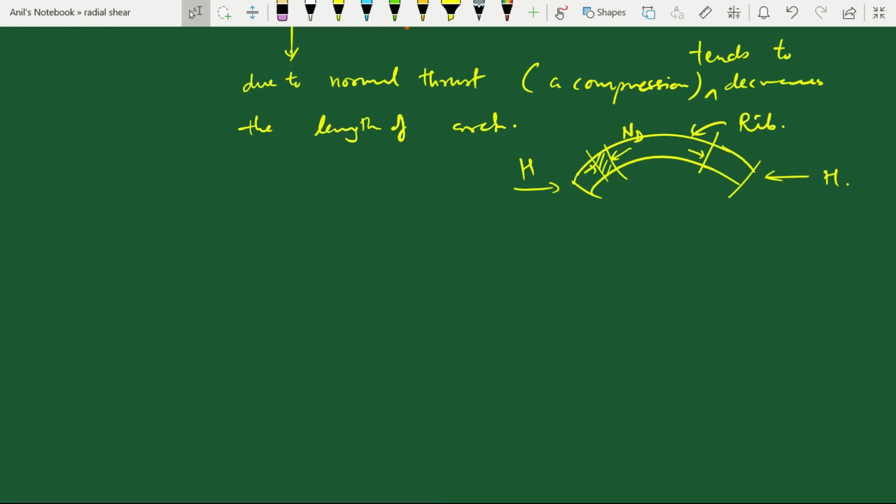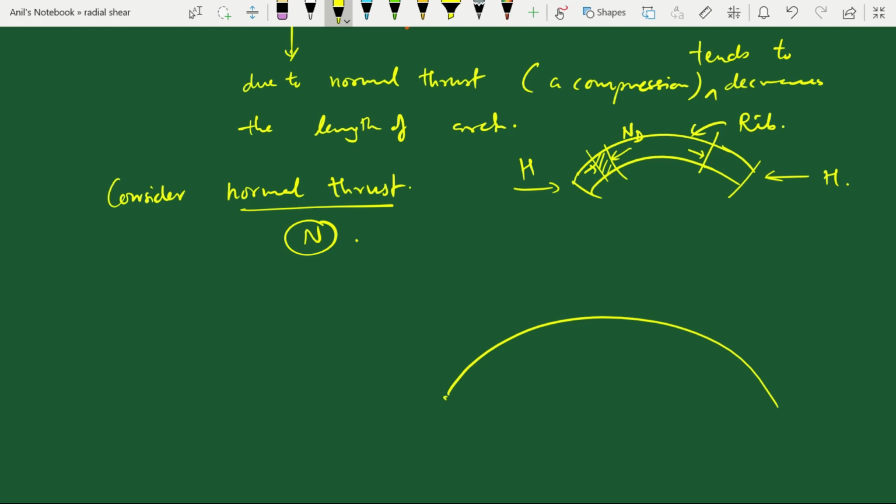So in this case, we need to consider normal thrust, that is N. Consider an arch. It can be parabolic or semicircular or circular arch. AB of span L, VA and VB are the reactions. H is horizontal thrust, which is same at A and B both, and there can be some loading on it.